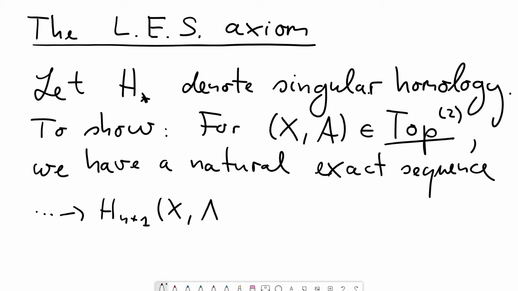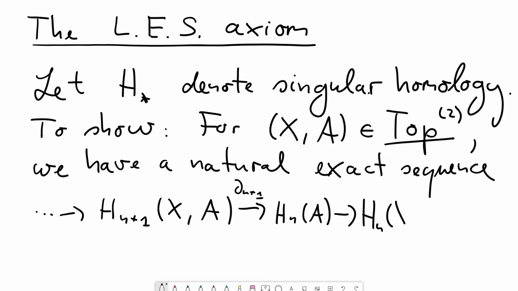And there we've got the relative singular homology of X relative to A. And then from there we have this boundary homomorphism, delta n plus 1, going to H_n of A, then to H_n of X, and then we've got yet another inclusion into the pair H_n(X, A), and so on and so forth. Now there would be the next boundary homomorphism going to H_{n-1} of A.